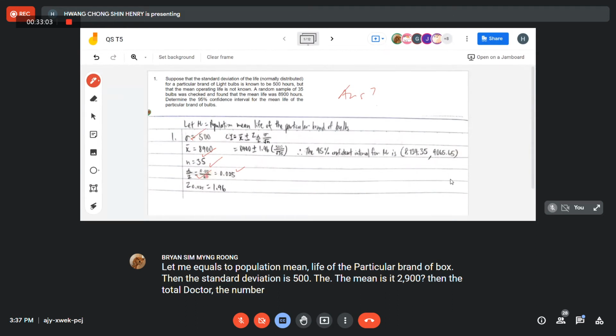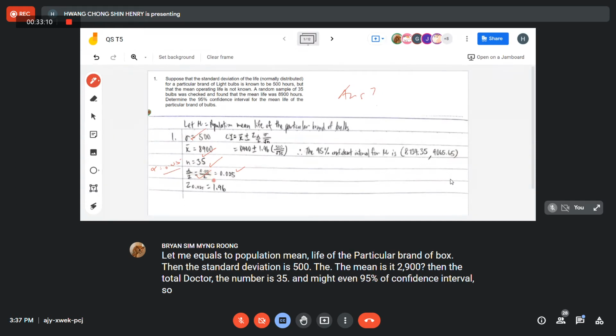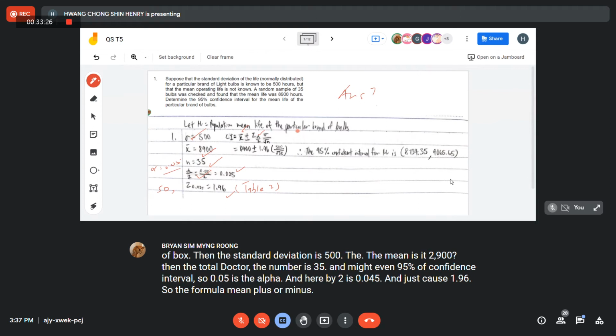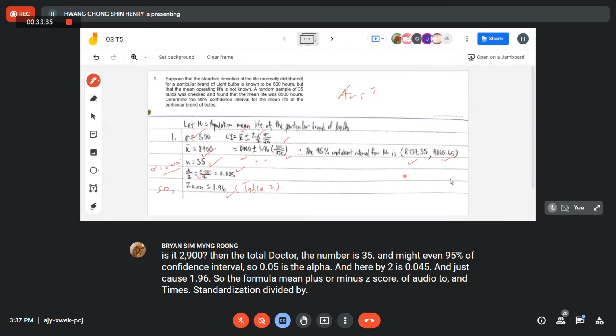Then the total number is 35. And 95% confidence interval, so 0.05 is the alpha. Then divided by 2 is 0.025. And the z-score is 1.96. So the formula is mean plus or minus z-score alpha over 2 times standard deviation divided by square root of n.